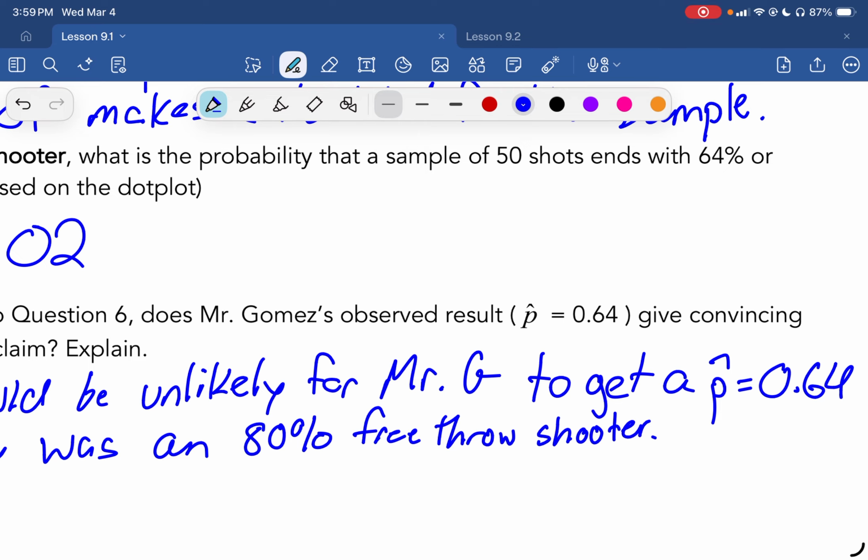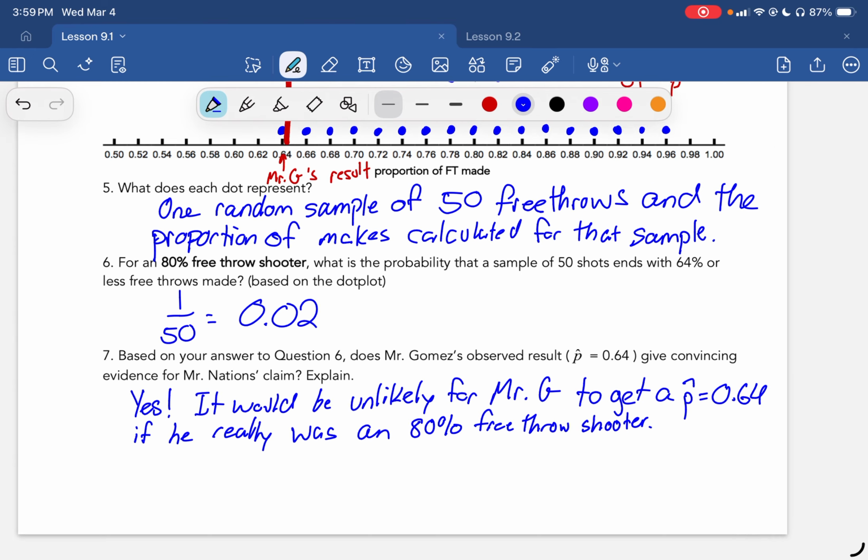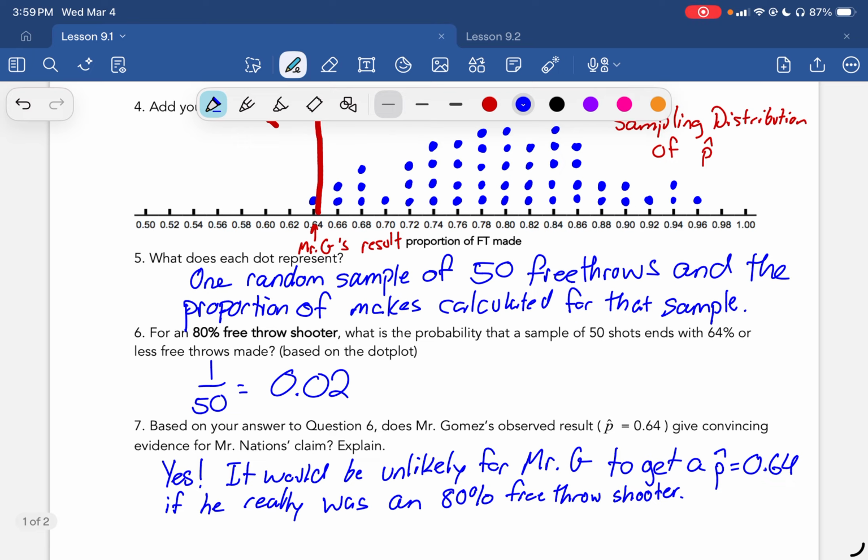Now, if you've never seen this before, never talked about statistical tests or significance tests or anything in stats, that's what your brain hopefully comes to the conclusion of. It's unlikely. Doesn't mean it can't happen, just means it's unlikely if he really were an 80% free throw shooter.